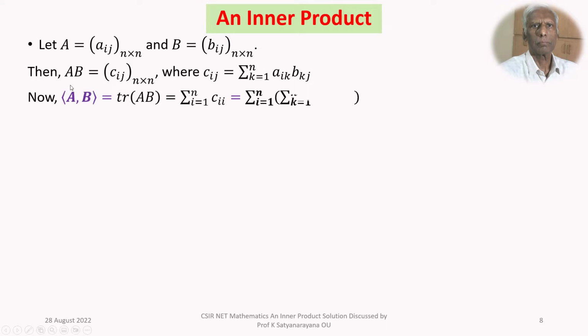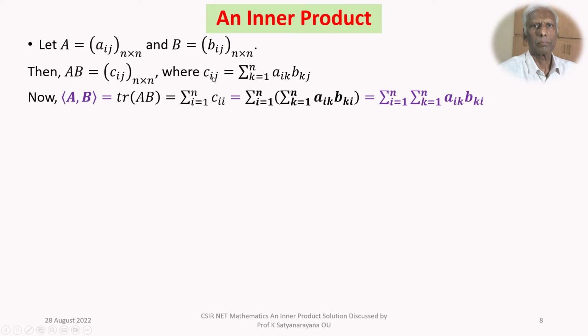Now, the bracket A comma B is equal to trace of the product AB, that is equal to the trace of AB, meaning sigma Cii, sigma i equal to 1 to n Cii, and Cij is sigma k equal to 1 to n Aik Bkj.